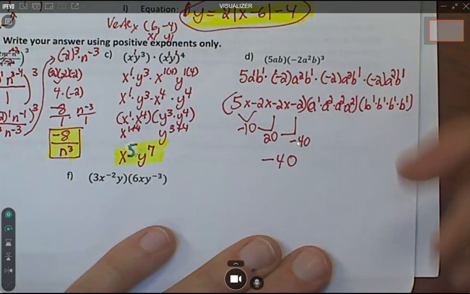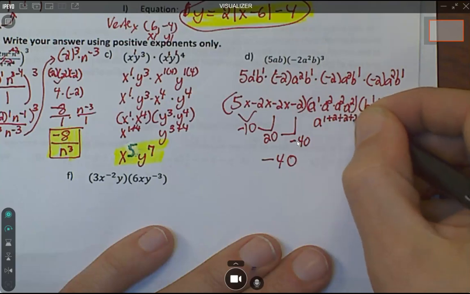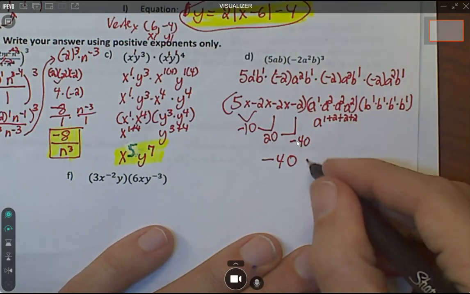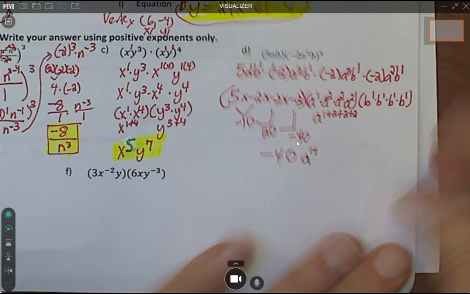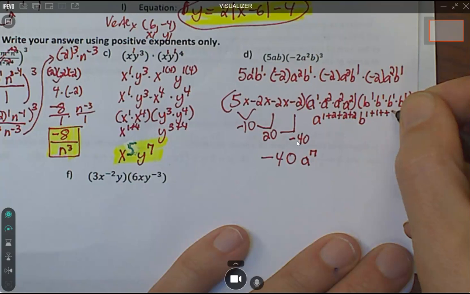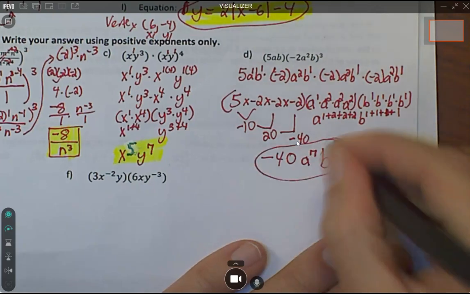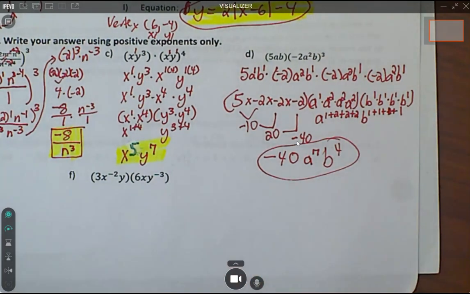And now we've got a to the 1 plus 2 plus 2 plus 2, a to the 7th. You could do b to the first plus 1 plus 1 plus 1. We're adding up how many times we multiply b by itself. So b to the 4th. That's if you don't follow the power to a power law.